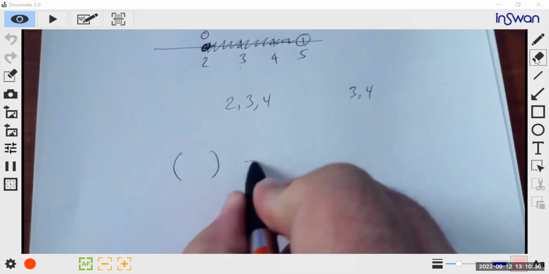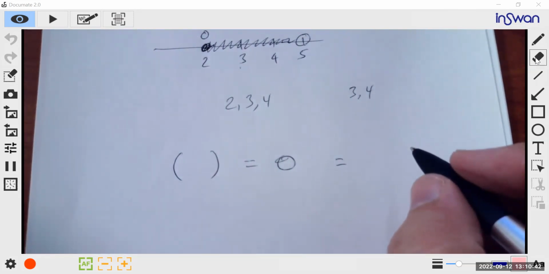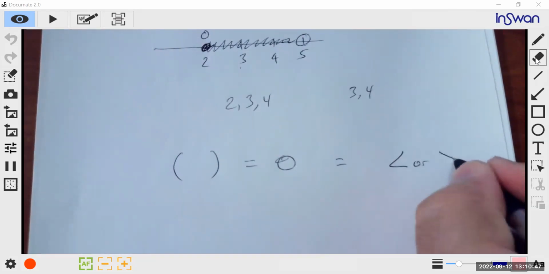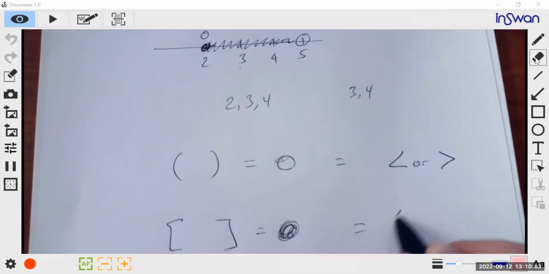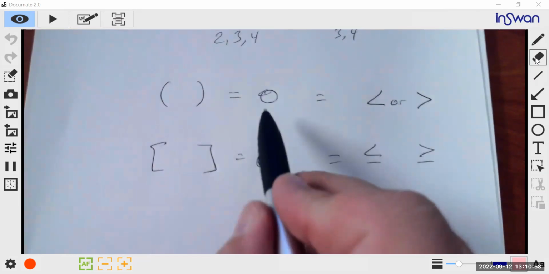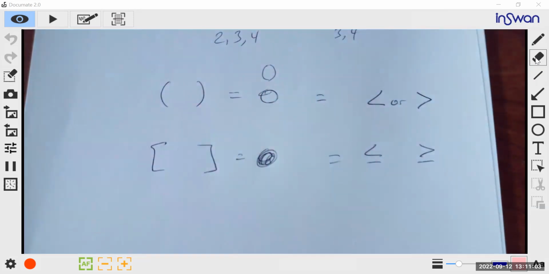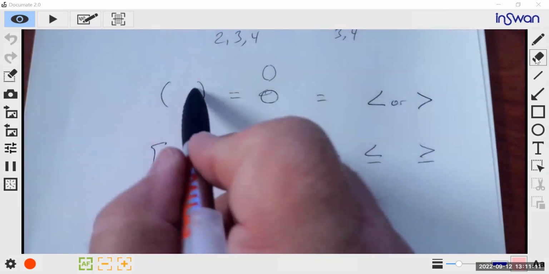Well, here's an easy way to memorize those. Here are the possibilities. If it's an open circle, how do you make a circle? You have two sides. That's what these are. Can they be equal? No, because you can't catch them.